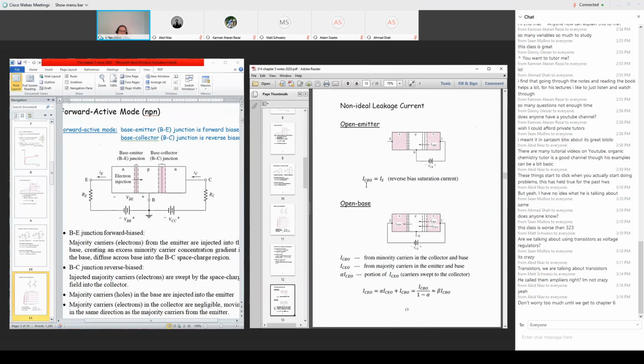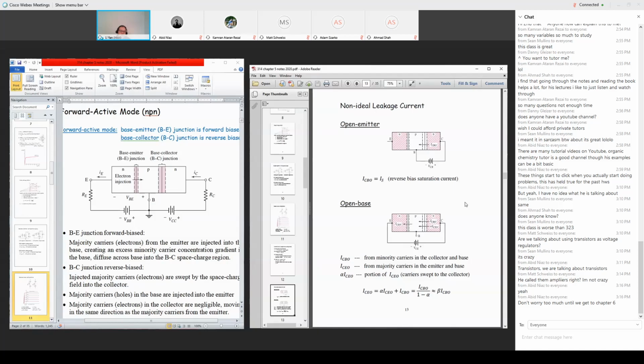CB means the current between the collector and base, and O stands for open circuit, open emitter. That amount of current is called IS, the dark current or reverse bias saturation current for this PN junction. That's purely the chapter 2 knowledge we learned.